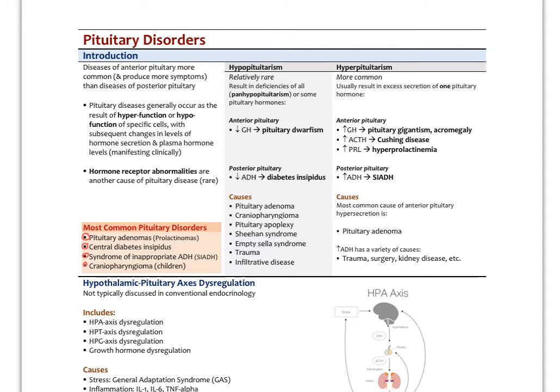If growth hormone is depressed from the anterior pituitary, that can lead to pituitary dwarfism. If in the posterior pituitary we have low ADH, that can lead to diabetes insipidus. Again, all the other hormones can lead to deficiencies of theirs as well. These are probably the two most common on this list here. That said, pituitary dwarfism is not that common, so that's one we pretty rarely see in the clinic.